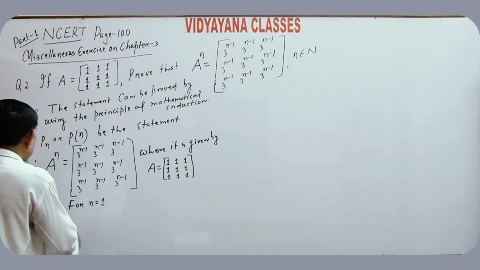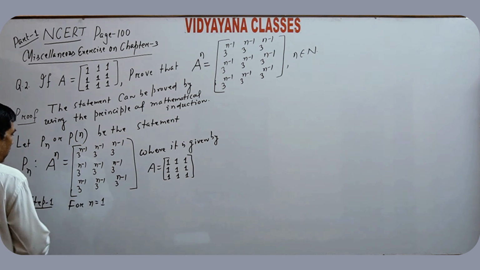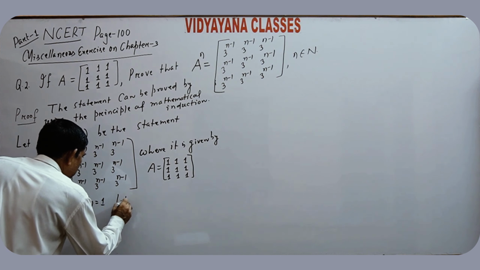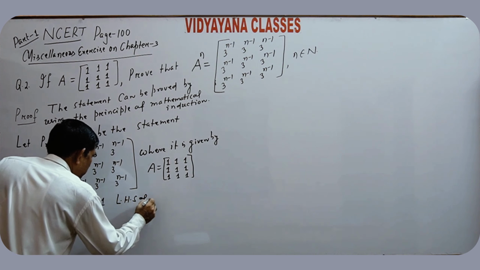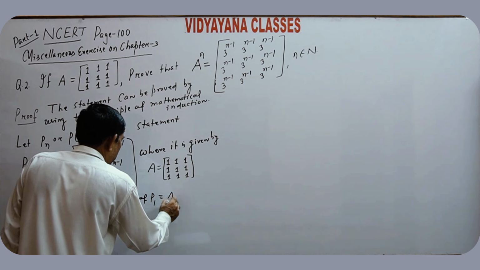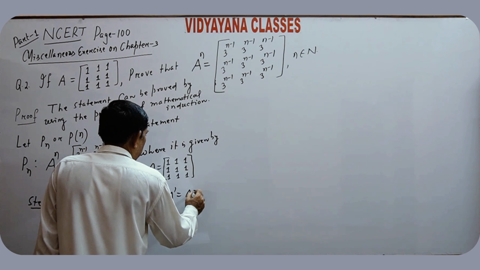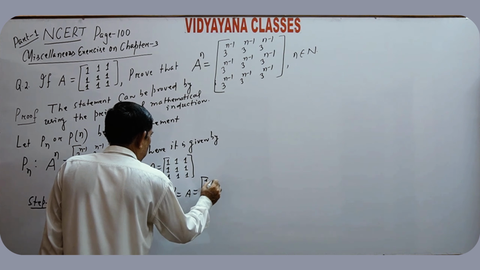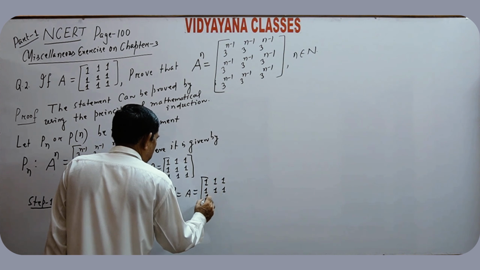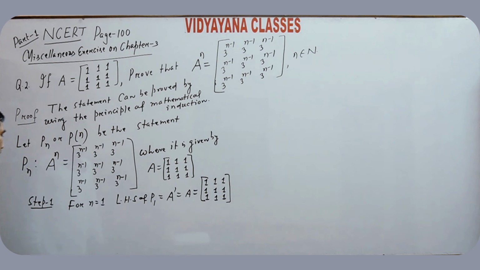For n is equal to 1, the left hand side of P1 is equal to A to the power 1, which is equal to A, which is 1, 1, 1. Each element is unit, that means 1.